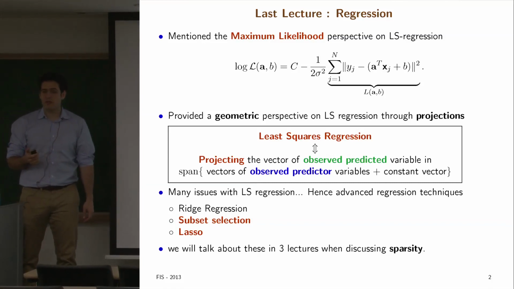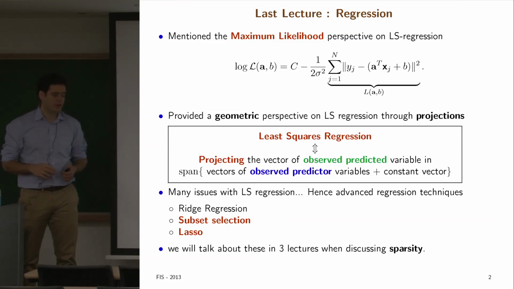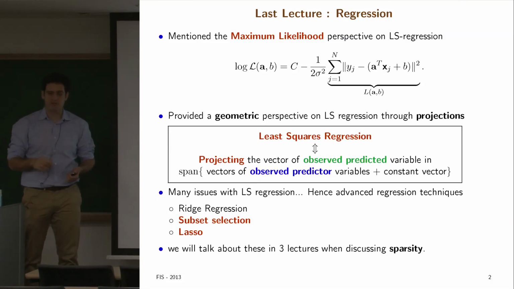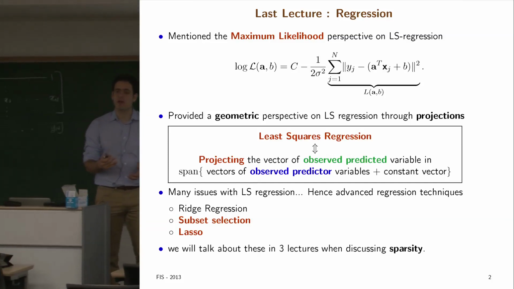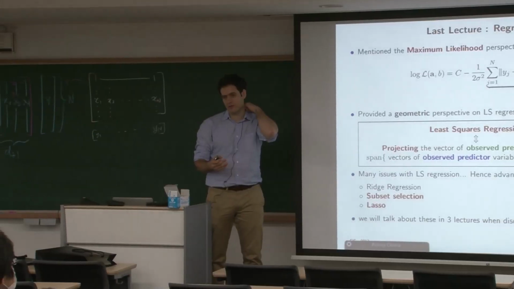We discussed a few issues that may arise in regression. One very important one is that no matter what variable you add, even if it's complete noise, even if it's completely unrelated to y, you will improve the least squares criterion.